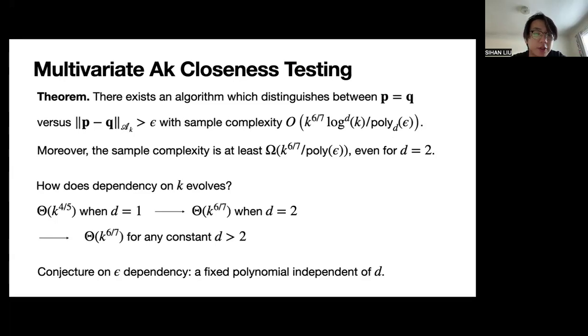The poly d epsilon term is more problematic. Though we conjecture that it should be some fixed polynomial independent of d, our current analysis technique fails to get us there. This is therefore left as the major open question for future work. In the remainder of the talk, for ease of presentation, we'll assume that d and epsilon are some absolute constants and focus on the dependency on k.